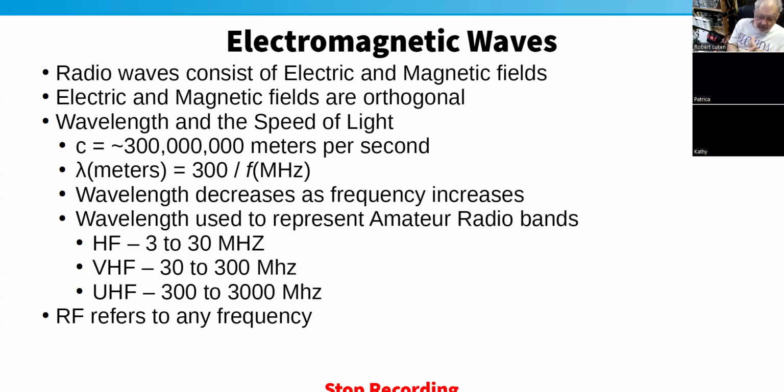And the amateur bands go from, well, I think now there's even a 630, maybe even a lower one, meter, excuse me. Typically 160 meters, 80 meters, 40 meters, 30 meters, 20 meters, 17 meters, 15 meters, 12 meters, 10 meters, 6 meters, 2 meters, and then you get into centimeters.